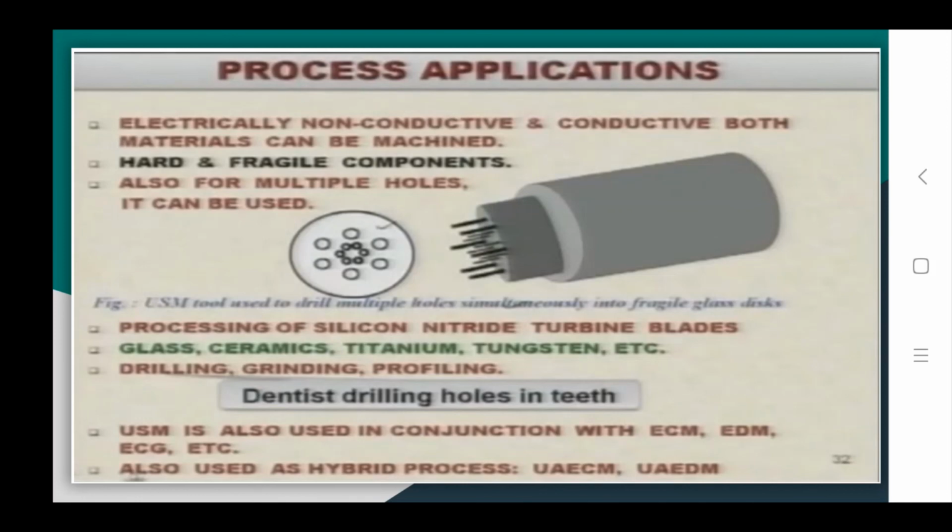When it is used with the EDM process, that is electric discharge machining, we call it ultrasonic assisted EDM. Okay, when used with ECG, that is electrochemical grinding, it is called ultrasonic assisted ECG. Okay, so these are some of the process applications of this process.